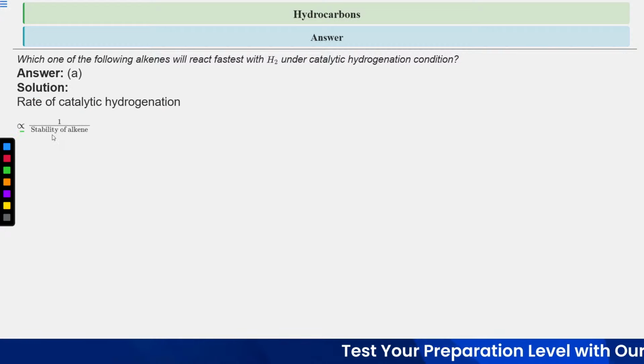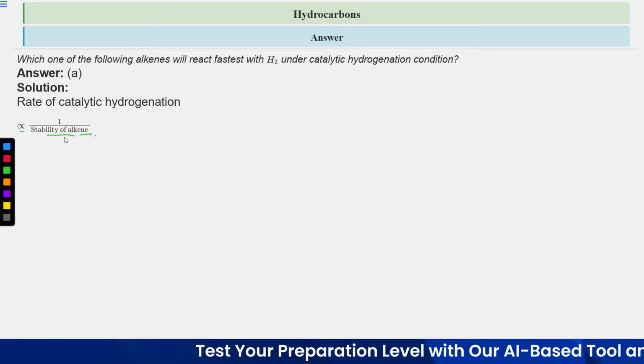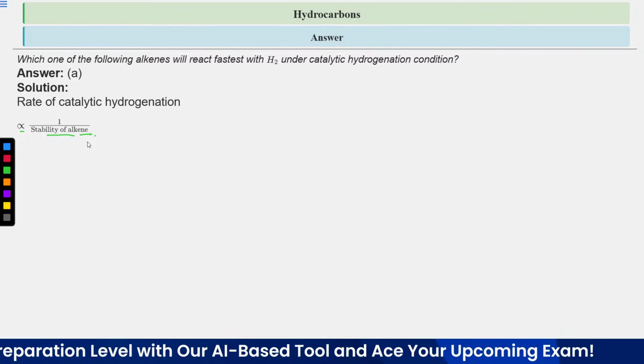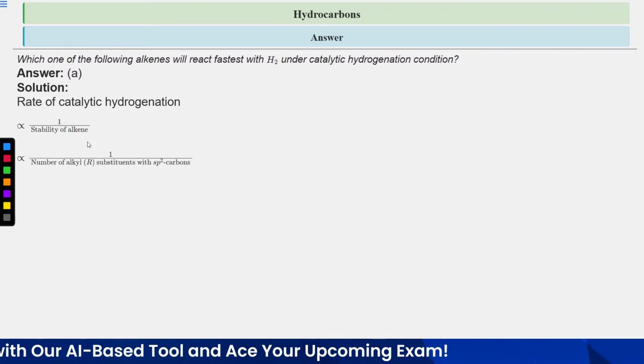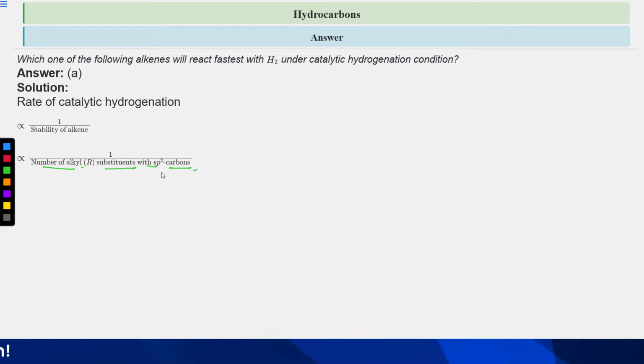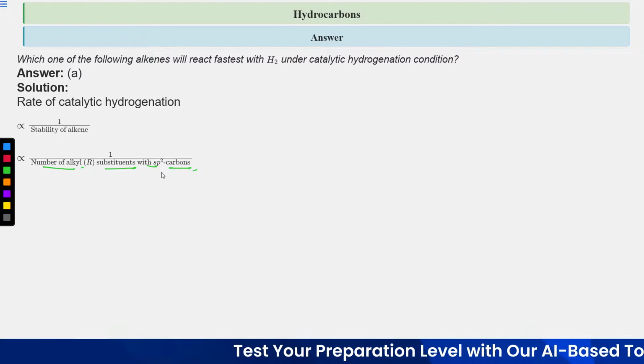is inversely proportional to the stability of the alkene. That means if the stability is higher, the rate of catalytic hydrogenation will be lower. It is also inversely proportional to the number of alkyl substituents on the sp2 carbons. That means the higher the number of alkyl substituents on the sp2 carbons, the lower the rate.